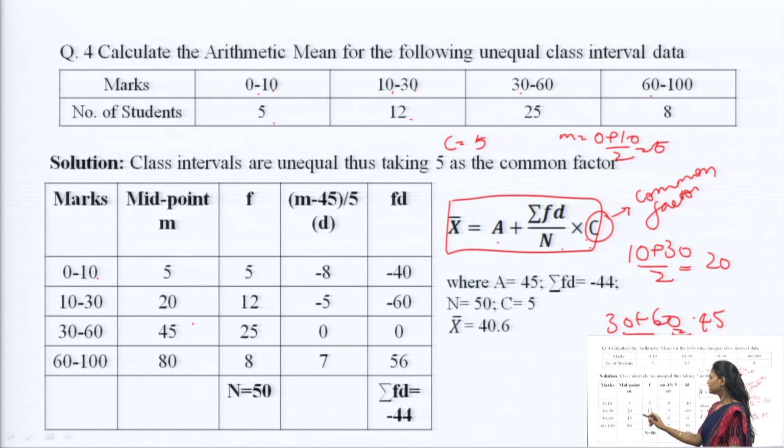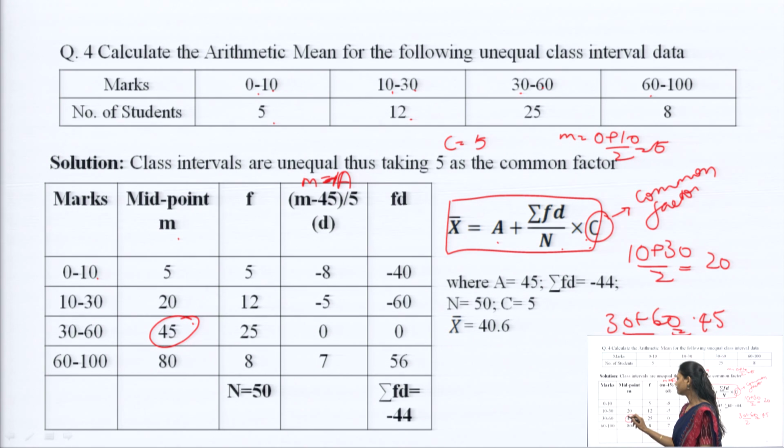We have one more formula, that is m minus a. What is a? A is the assumed mean from the midpoints. For example, I have assumed 45 as a. So, m minus a, 5 minus 45 gives me minus 40, divided by 5 gives me minus 8.